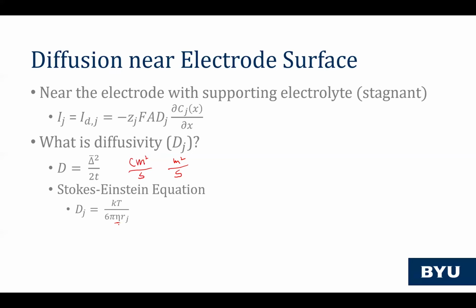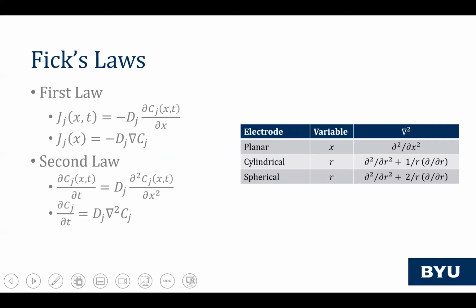As we increase the radius of our diffusing particle, it decreases the diffusion coefficient. So the Stokes-Einstein equation gives us some intuition of what to expect with the diffusion coefficient as we alter these variables.